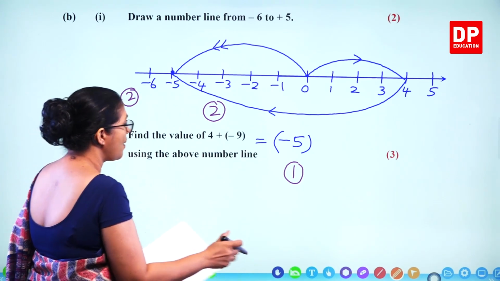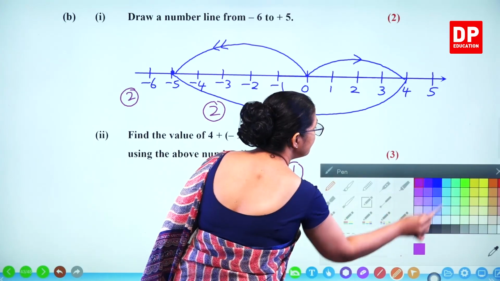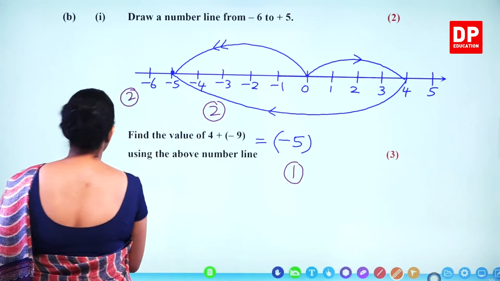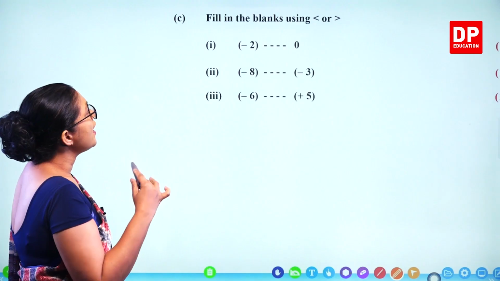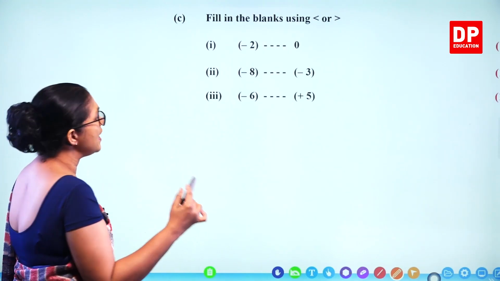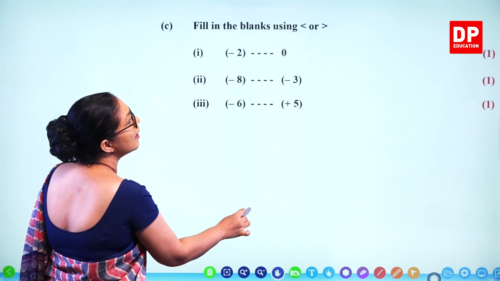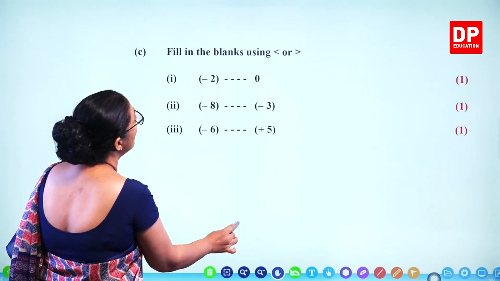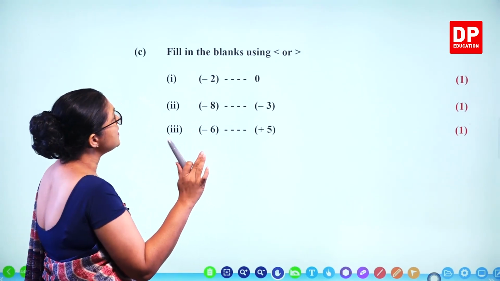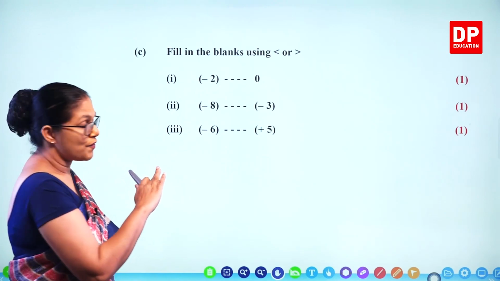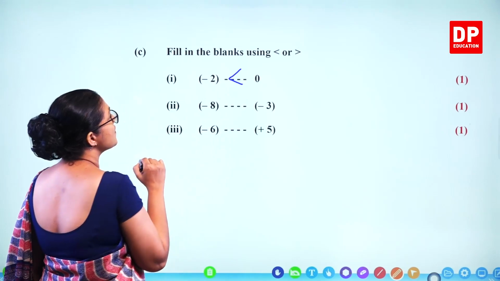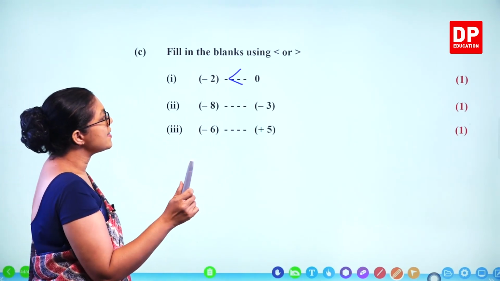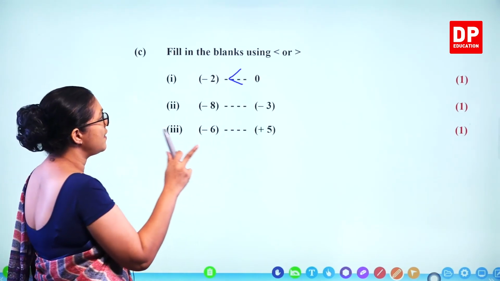The next one, part C. Fill in the blanks using less than or greater than sign. -2 and 0. -2 is to the left side of 0. So that's less than 0. -8 and -3. -8 is to the left of -3.